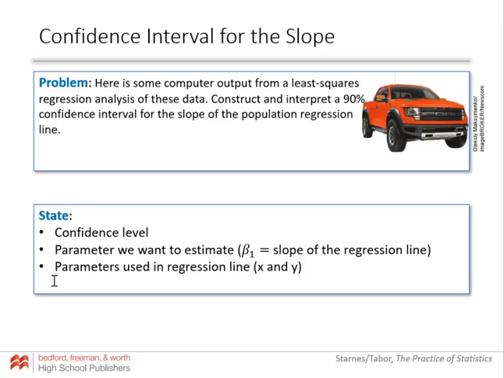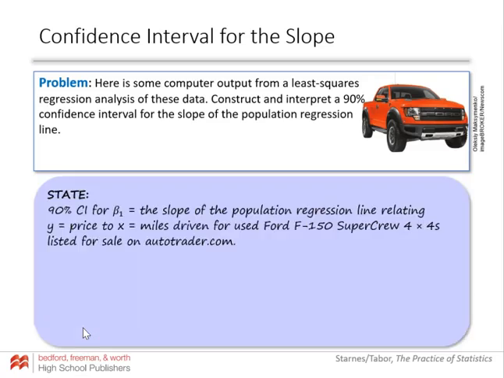We state the confidence level, the parameter that we want to estimate, which in this case is beta 1, the slope of the regression line, and the variables used in the regression line. Basically, what are your x and y representing? So we're doing a 90% confidence interval for beta 1, the slope of the population regression line, relating y equals price to x equals miles driven.